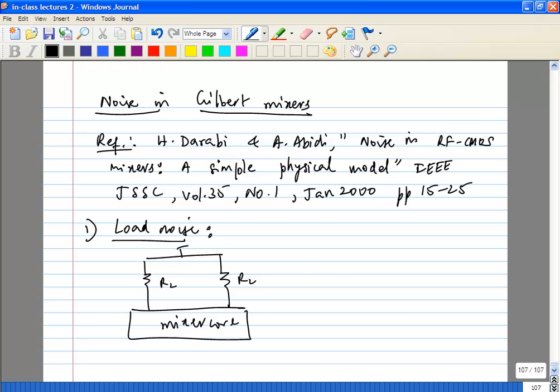We already know that, right? Directly at the output. And since you have two resistors, you're going to have 8kTR_L delta f, because you're looking at the differential, taking your output across this.